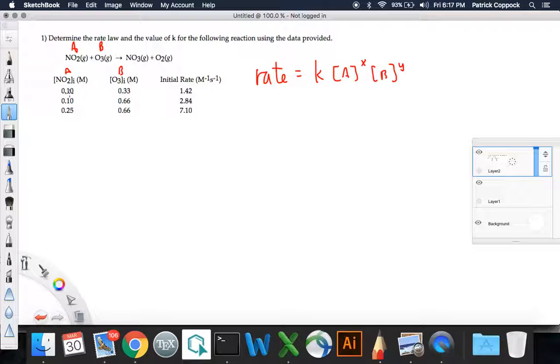I can see that for the first two trials, A does not change, but B doubles. And since B doubles, I can see that it's going to be like this, A is equal to those ratios there. Since B doubles and the rate doubles, it looks like y is going to equal 1.